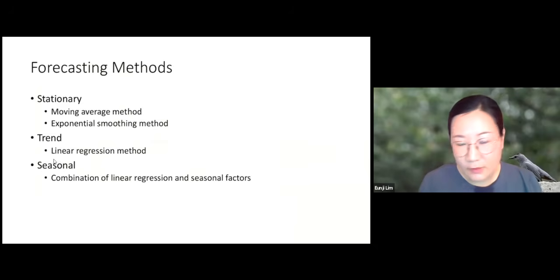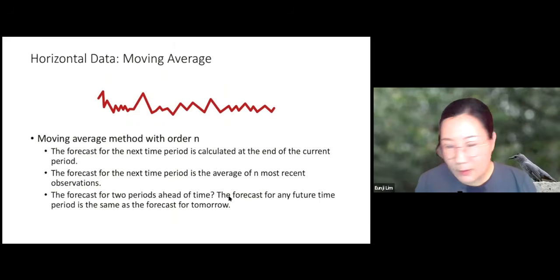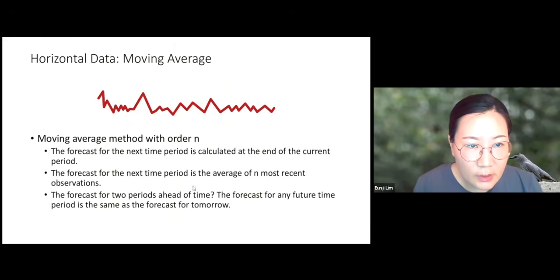If your data set shows a trend, you can use the linear regression method. If your data set is seasonal, you can use a combination of linear regression and seasonal factors. So let's start with the horizontal data set.